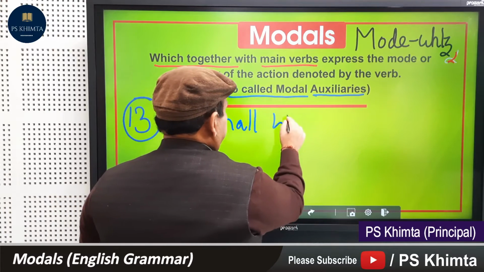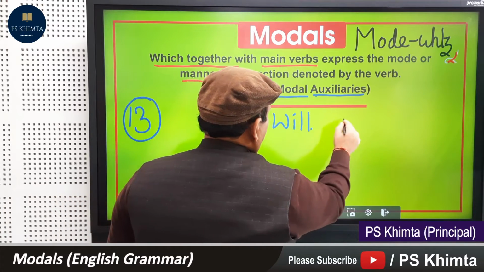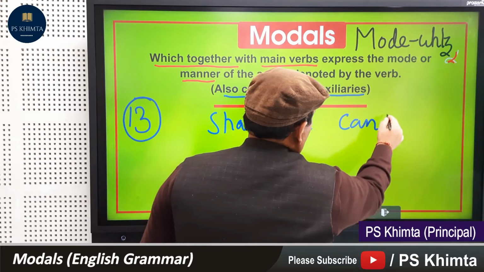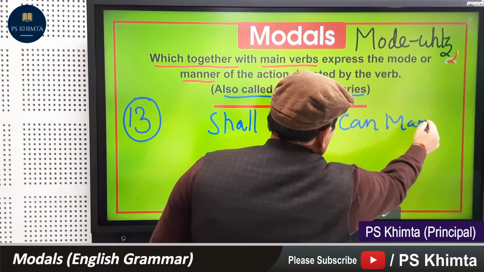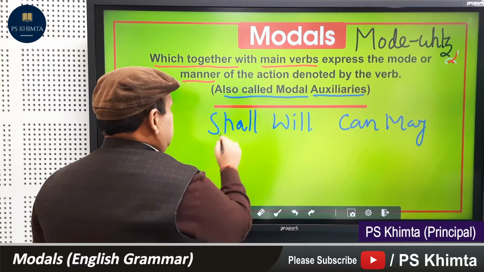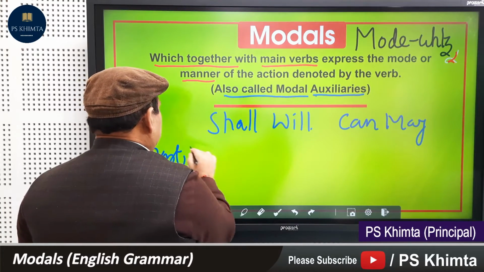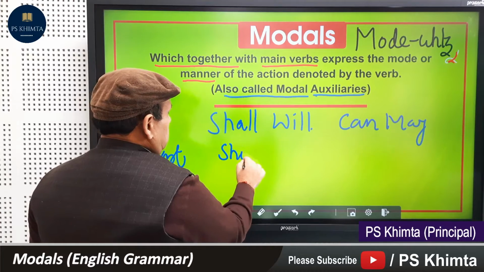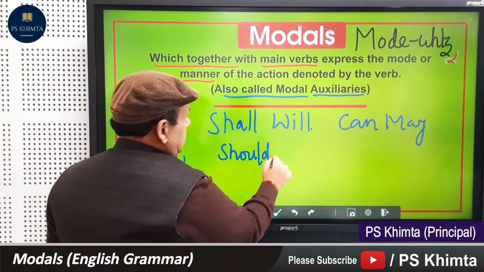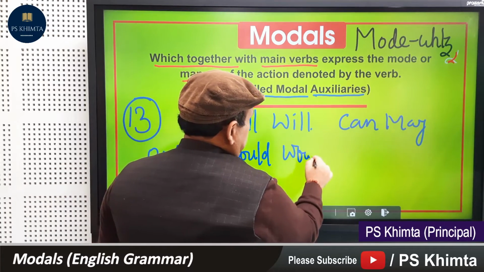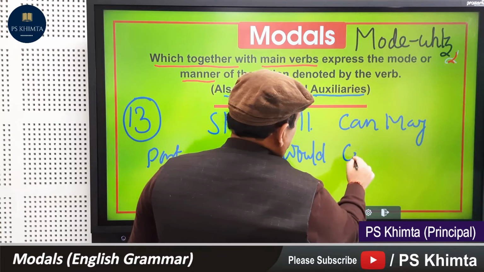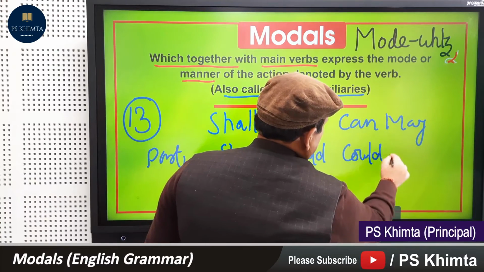We have will, we have can, we have may. I always say that these are the present forms and the past forms are always should, and this is would. You see, this is could and this is might.